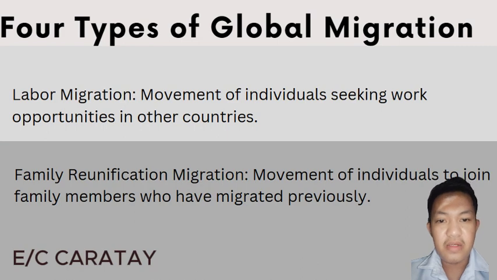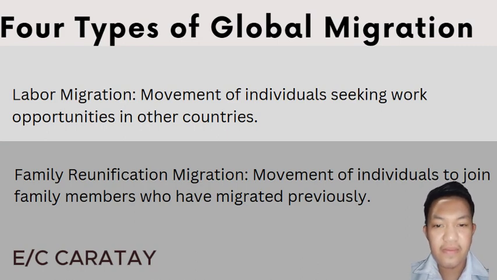This type of migration is driven by economic factors and can occur at various scales, from local to international levels. Labor migration plays a significant role in shaping global economies and societies. The types of labor migration.